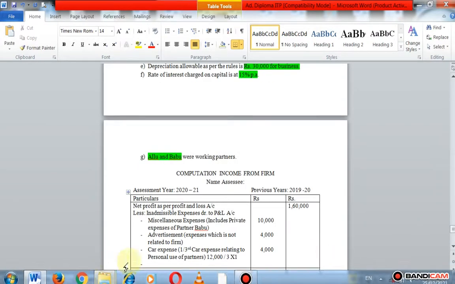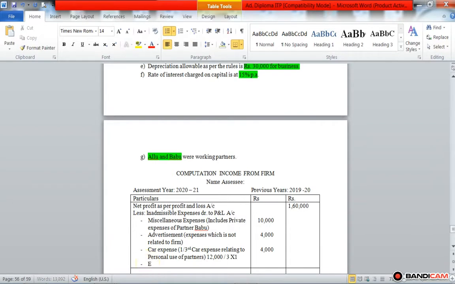So excess depreciation is disallowed, that is 40,000 minus 30,000, we get excess depreciation amounted to rupees 10,000.